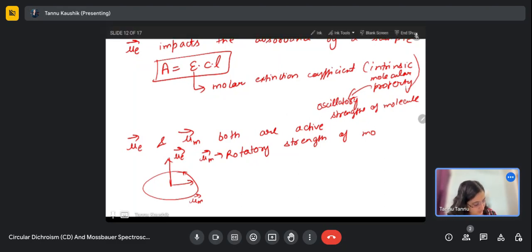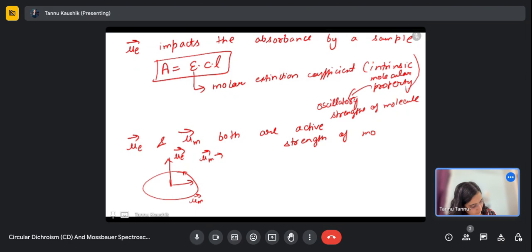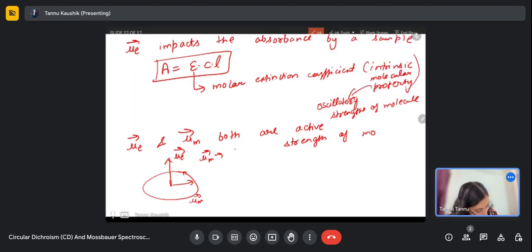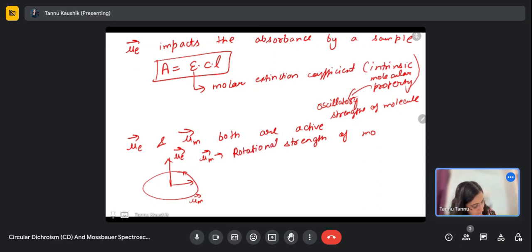In the cases where both the electric field and magnetic field are active, we call it rotatory strength.